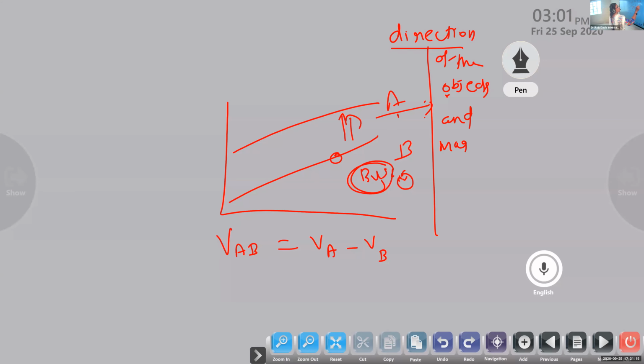These are the two things that can change the answer into positive or negative. You have to keep that in your mind. So when you get a problem, first find out which object with respect to what. Then look at the direction.